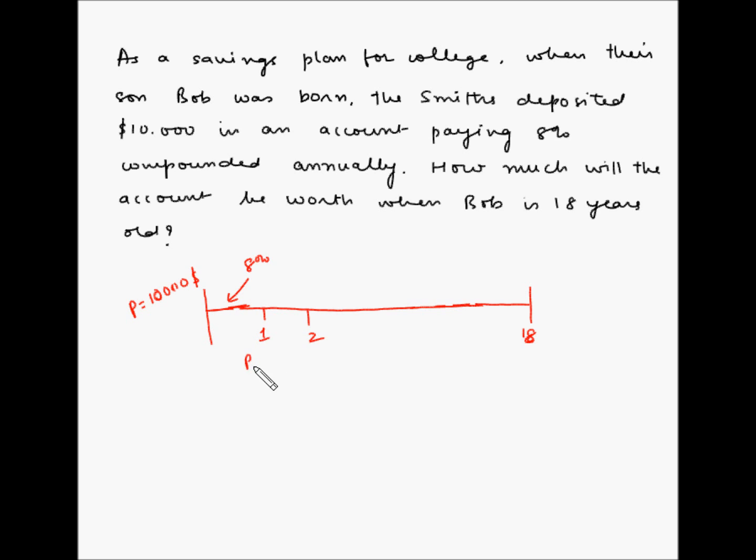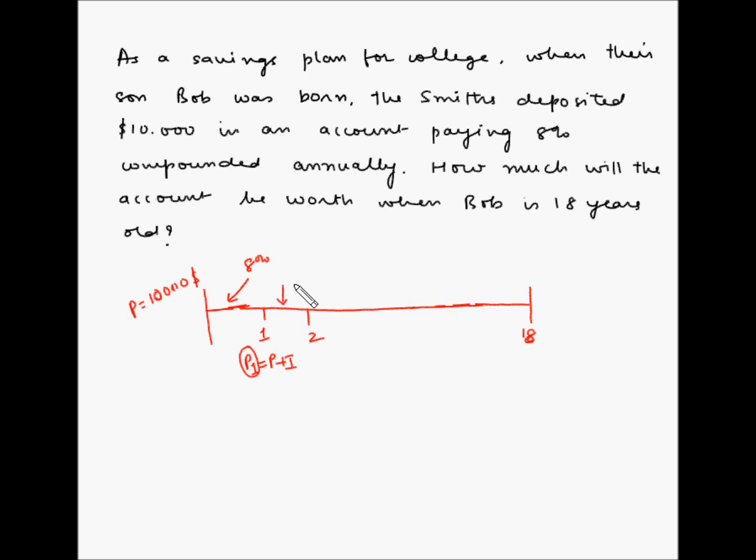So that becomes, let's say, P1, which is equal to P, the original principal, plus the interest gained during the first year. And now this principal, that is P1, becomes the principal for the second year.